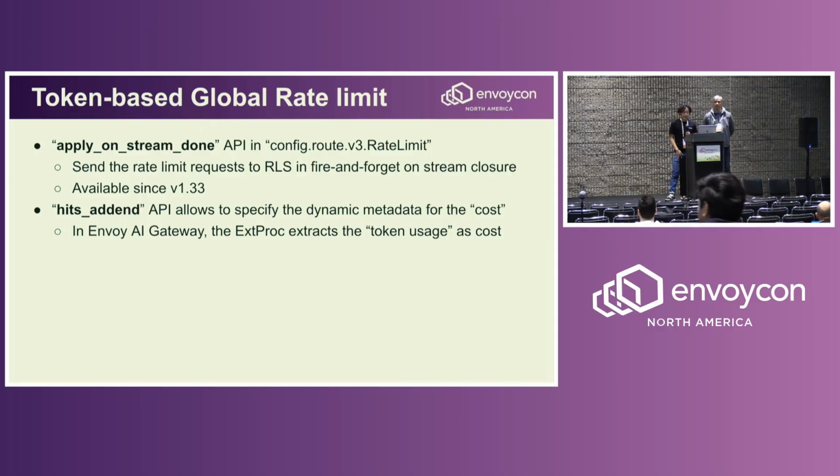So in our project, we are using ExtProc to extract the token usage information from the response body, then setting it as dynamic metadata. And then Envoy will reduce that extracted cost from the rate limit budget by talking to the rate limit service. So this is how we implement token-based global rate limit.